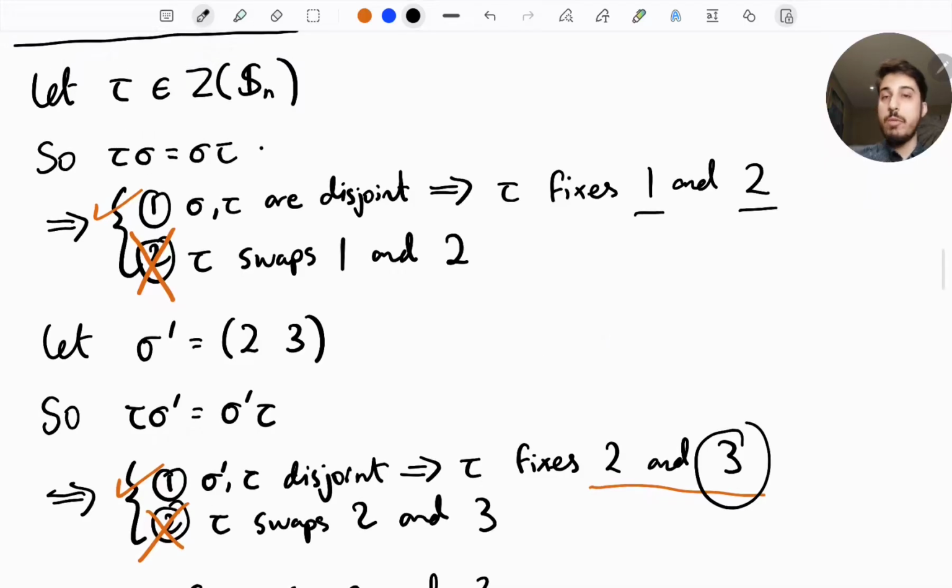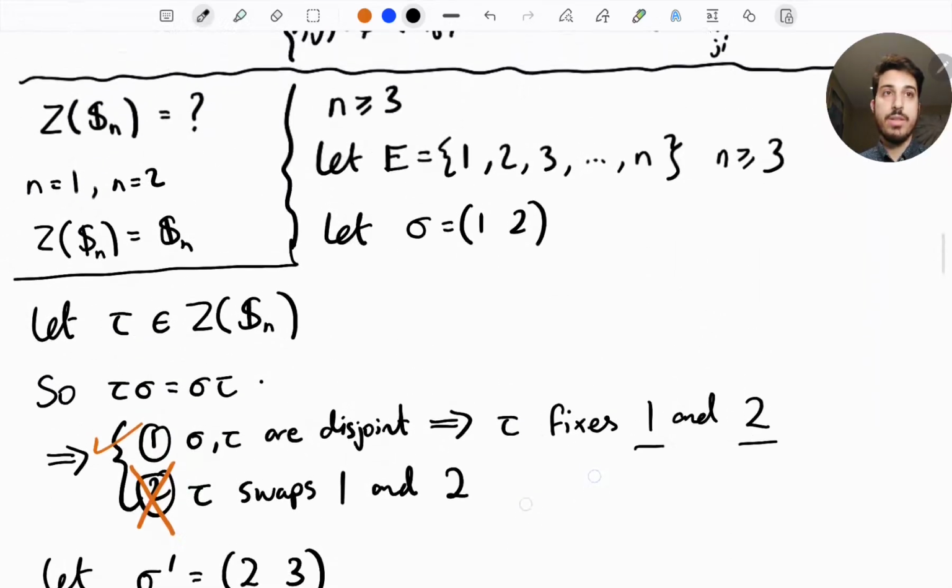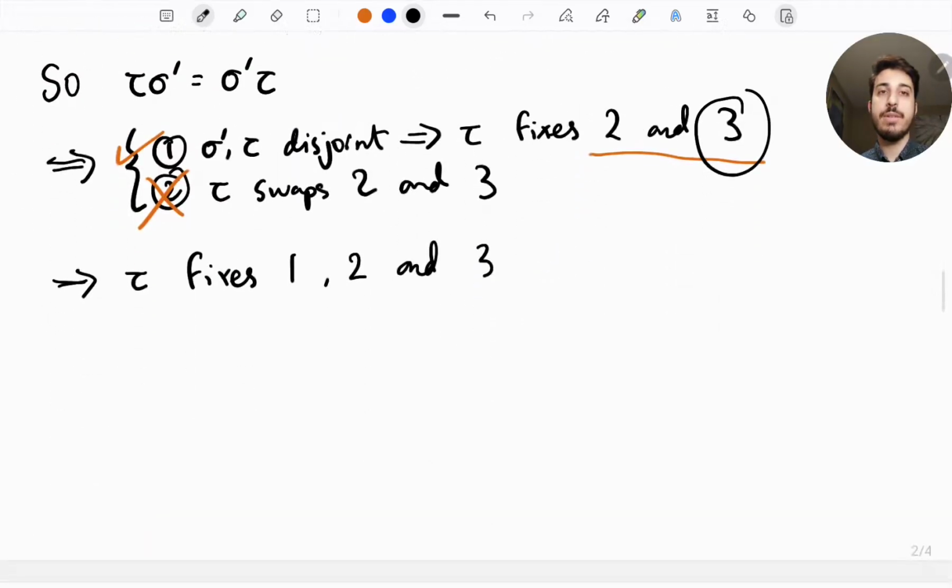Now, can we repeat this process? If we had, let's say, a fourth element, you bet. We can have sigma double prime to be the two-cycle containing 3 and 4.